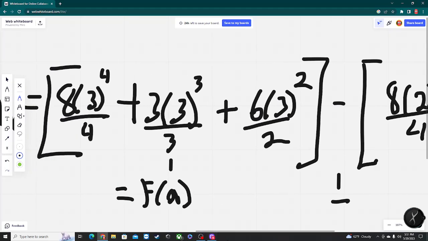We have 3 to the 4th, that's 81. 81 times 8, that's 648 over 4. 648 over 4 is 162. I'm going to make sure I'm right though, because I don't want to mess that up.